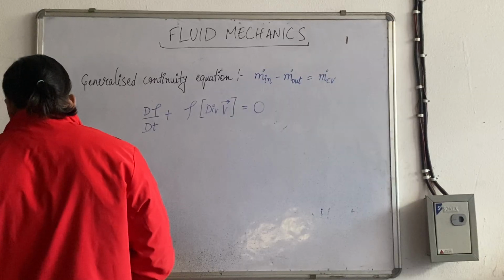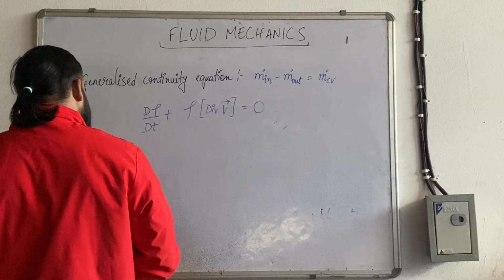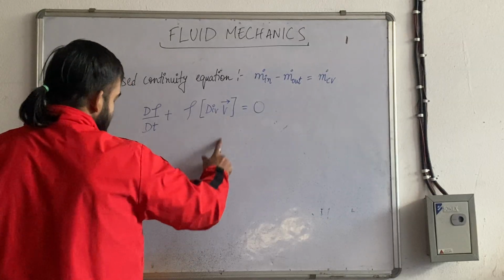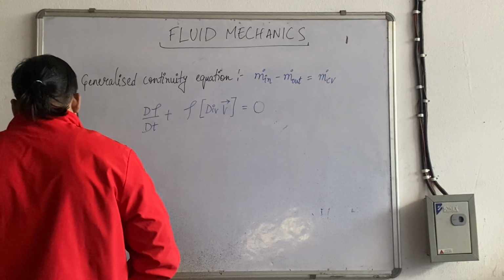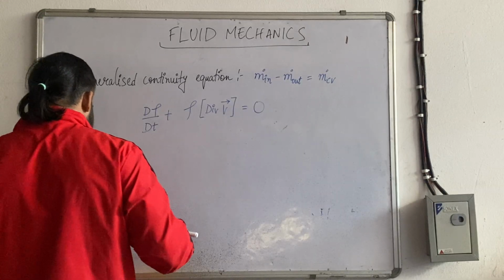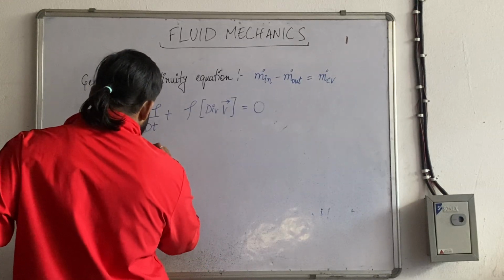Now from this equation we can express the state of divergence of v vector in two conditions, that is for incompressible or irrotational flow.